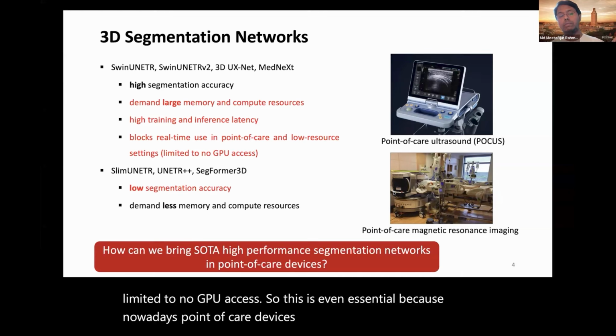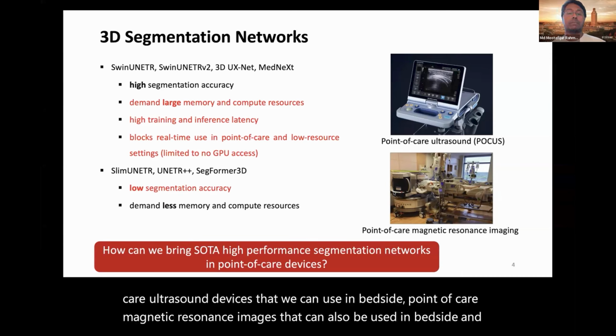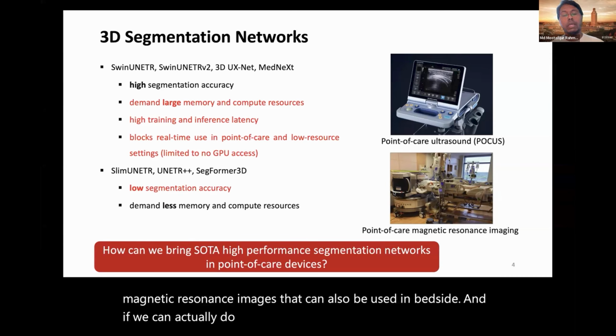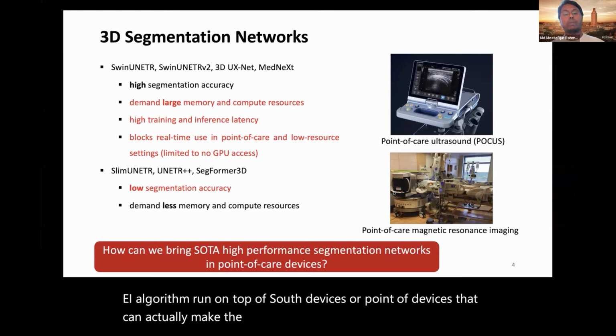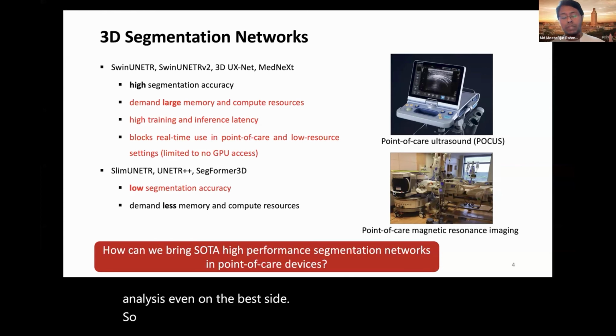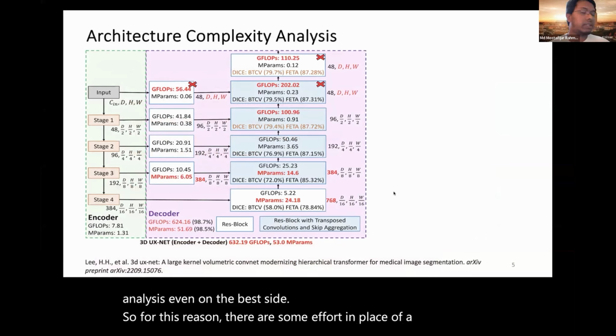We already have high-performance networks like SwinUNETR, SwinUNETR version 2, 3D UX-Net, or MedNeXt, or even recent ones with higher accuracy. Is there any way we can find the bottlenecks there and optimize those networks without losing that much accuracy? That is our goal, and in this work we try to address this issue and come up with a solution.